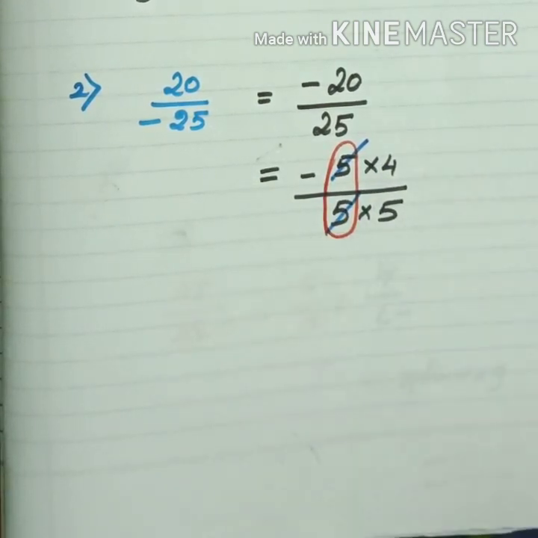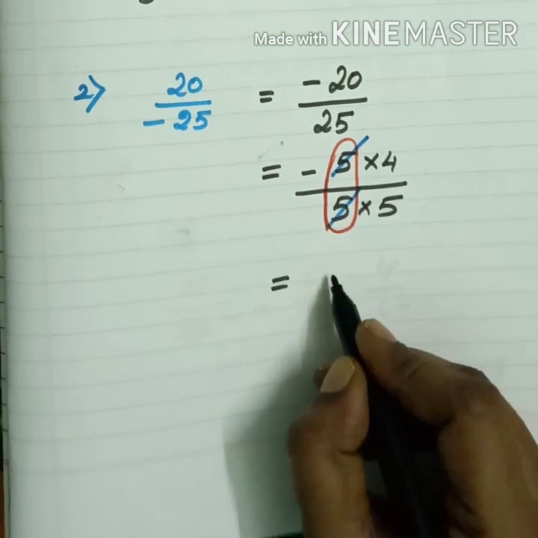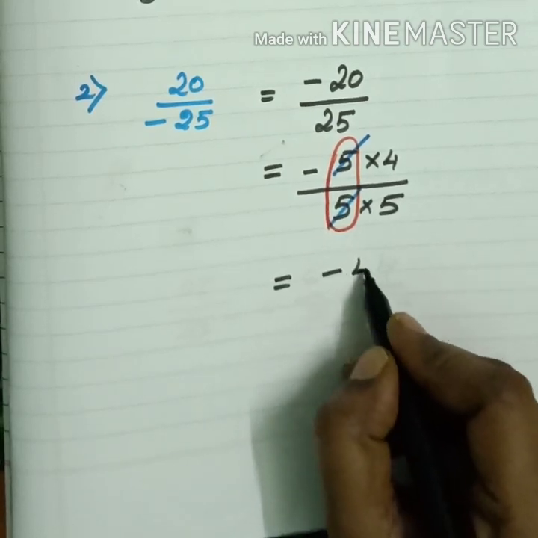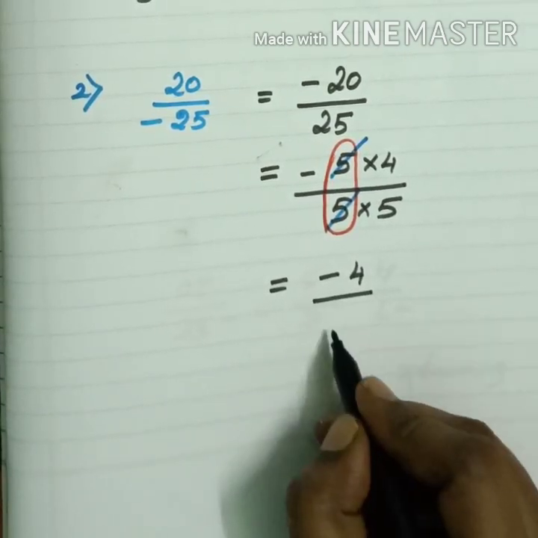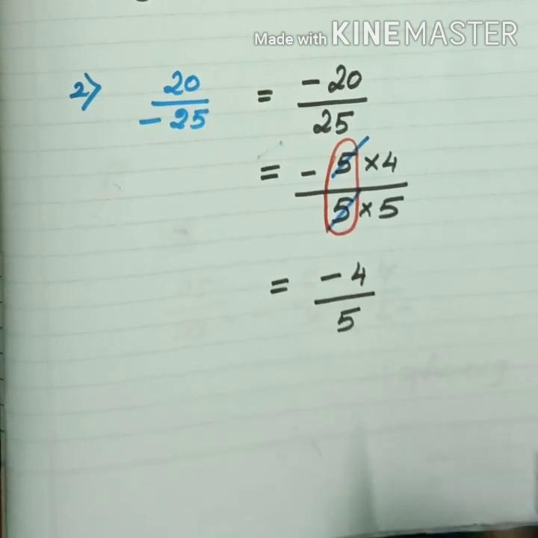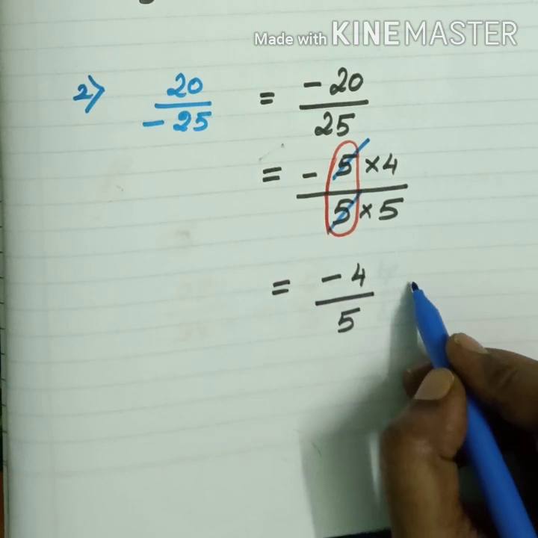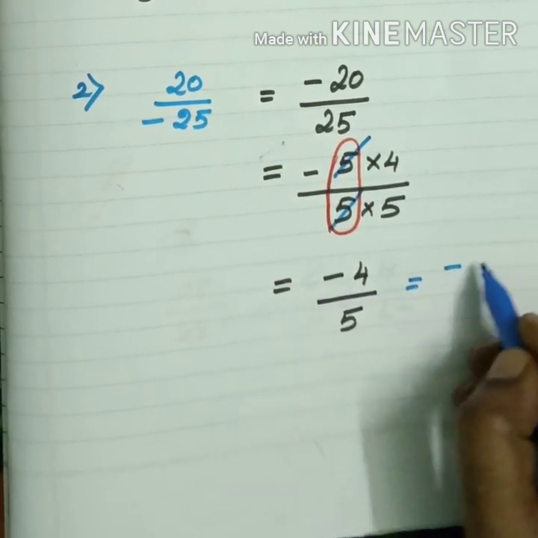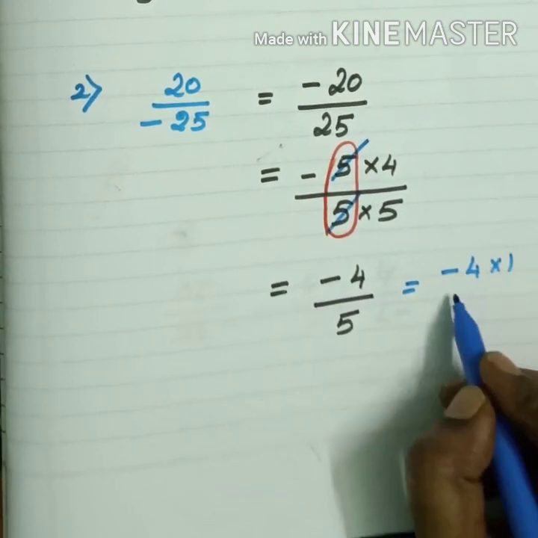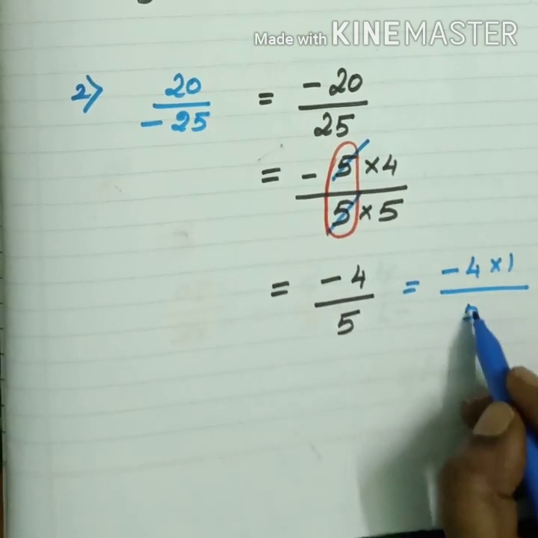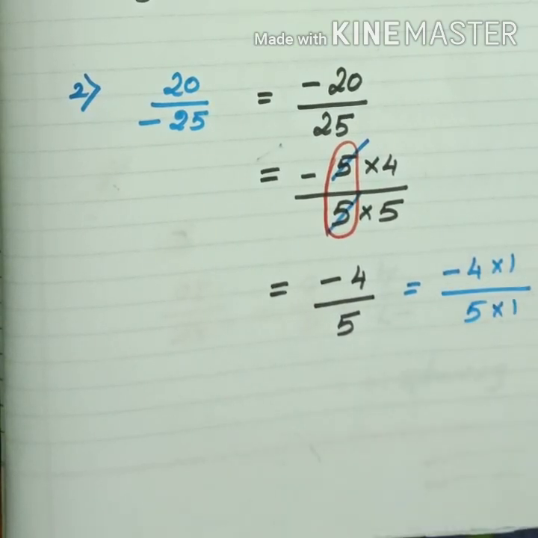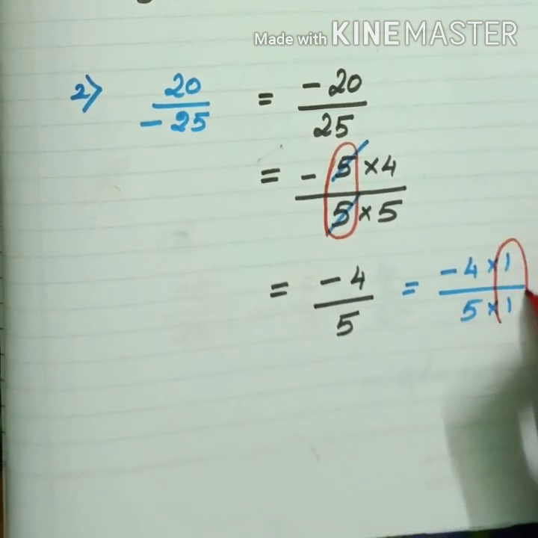We can cancel the common factors. Therefore, the numerator is minus 4 and the denominator is 5. 4 can be written as 4 ones are 4. 5 can be written as 5 ones are 5. Here the common factor is 1.